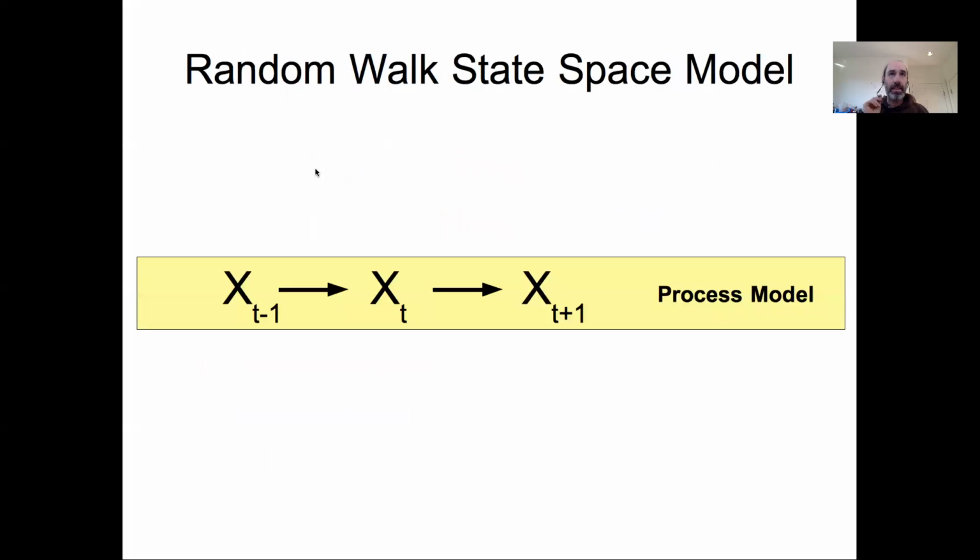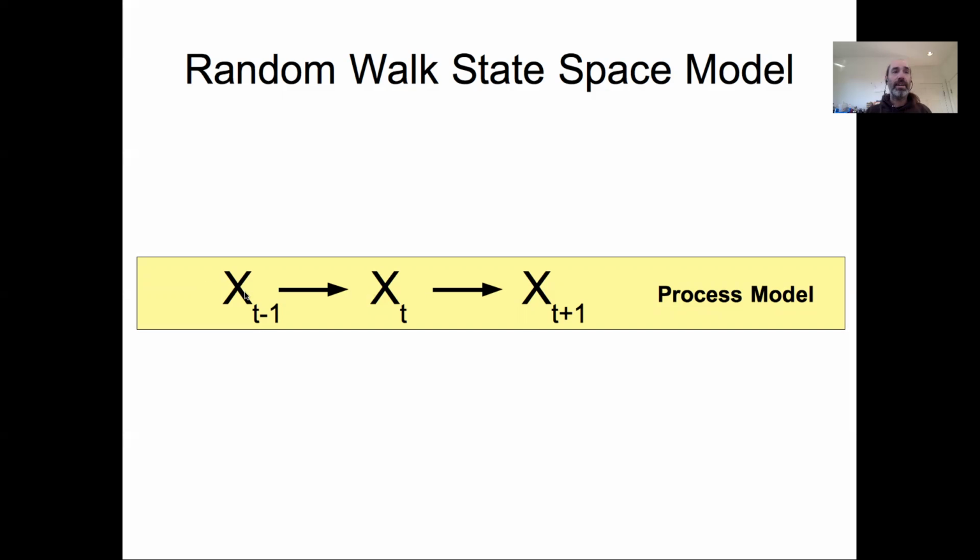So if we look at this in our graphical version that we've come to use to analyze models, our process model stage is describing this temporal evolution of our dynamic process model. We go from X at t minus 1 to X at t to X at t plus 1. To illustrate how a state space model works, I'm going to start with a very simple state space model, which is the state space model for the random walk.